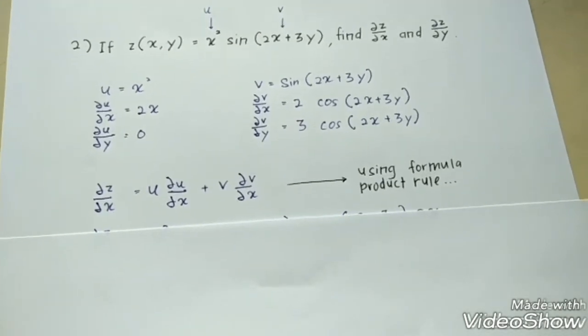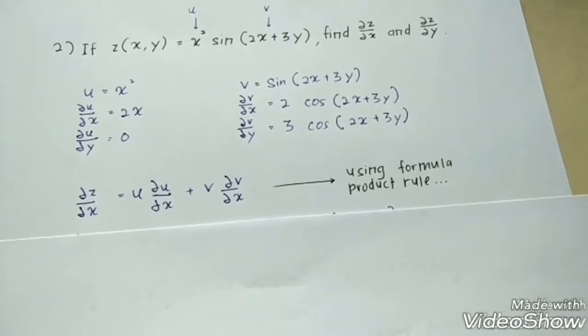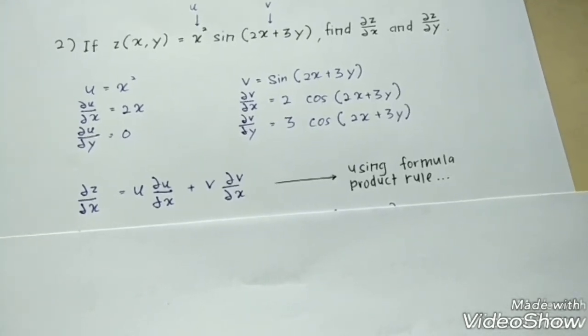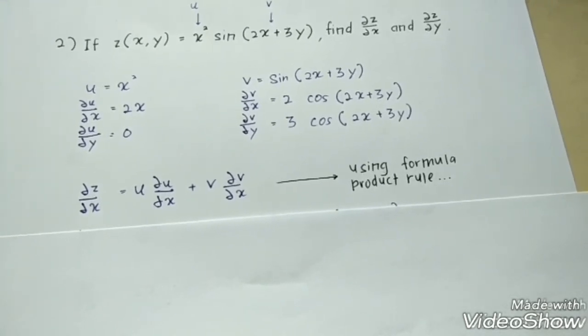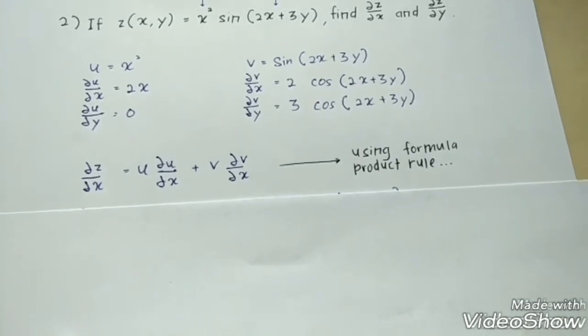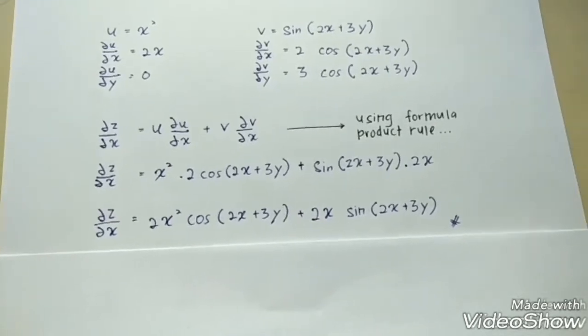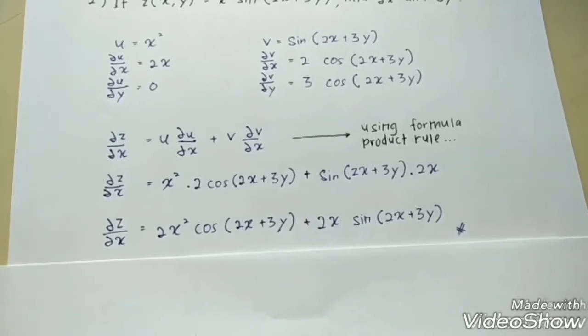For ∂z/∂x, using the product rule formula, u times ∂v/∂x plus v times ∂u/∂x. We just put the values into the formula.